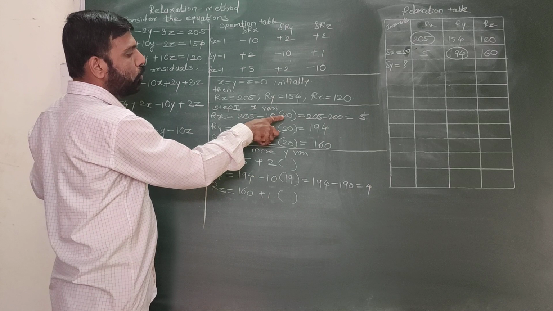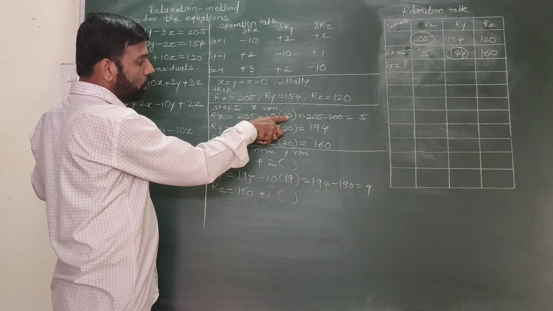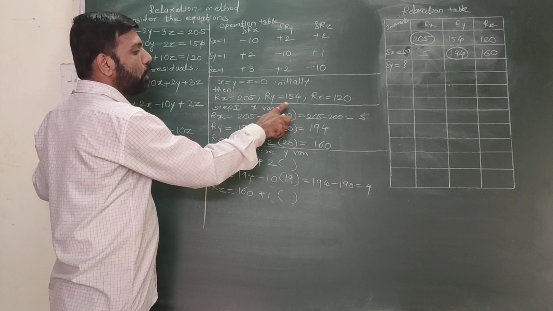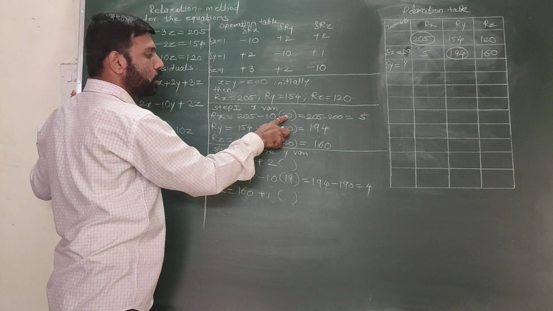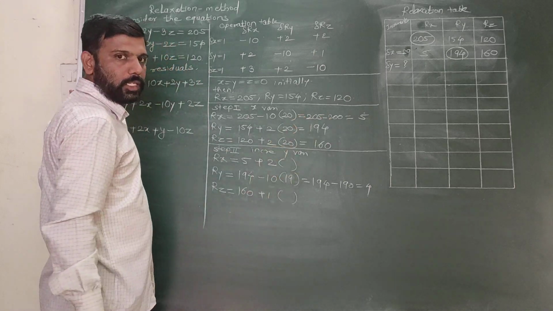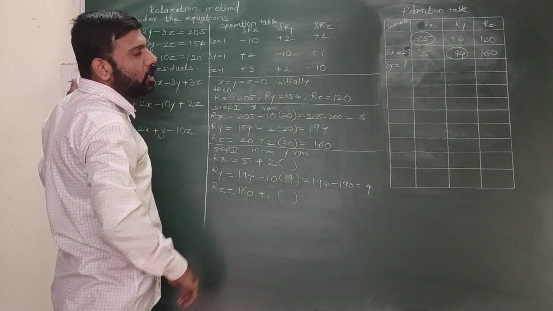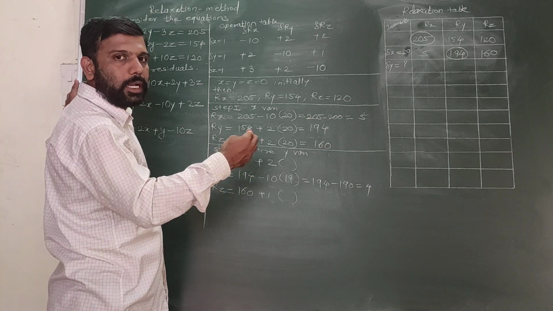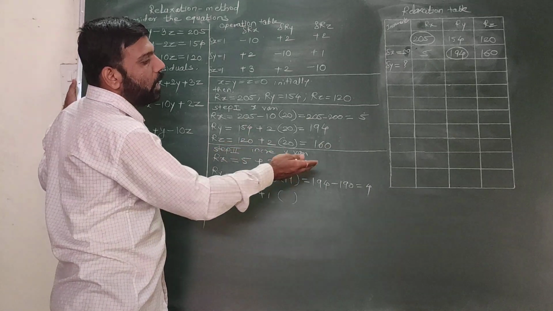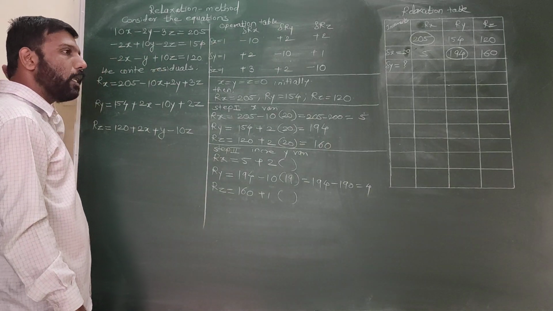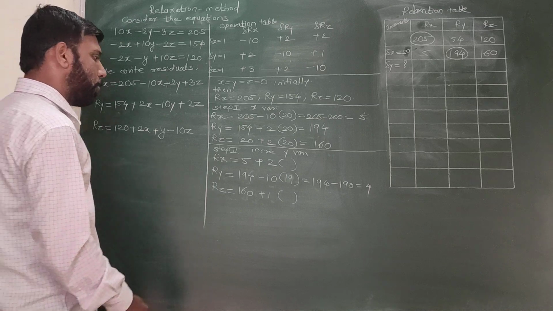In both cases you can choose any increment. I choose here 20, you can choose 21. After 21 you will get some number here. If you choose 19 you will get some number here, and accordingly this number changes. This relaxation table may vary according to the increments, student by student, but the final answer of everyone must be the same, that is, the values of unknowns x, y, z are the same.